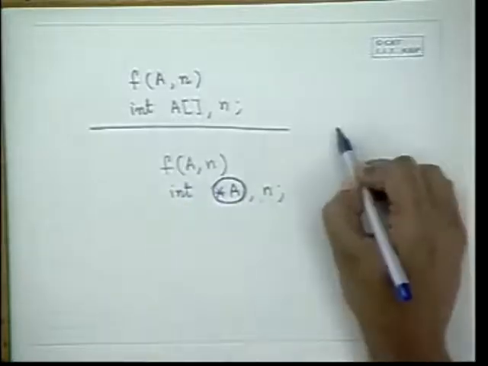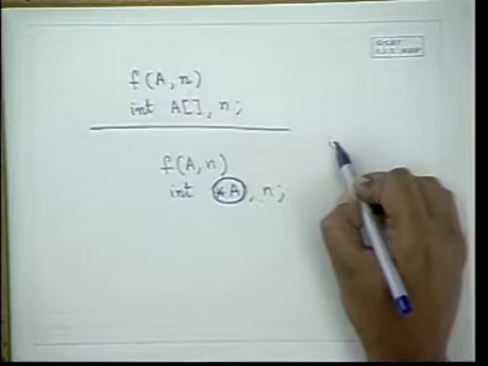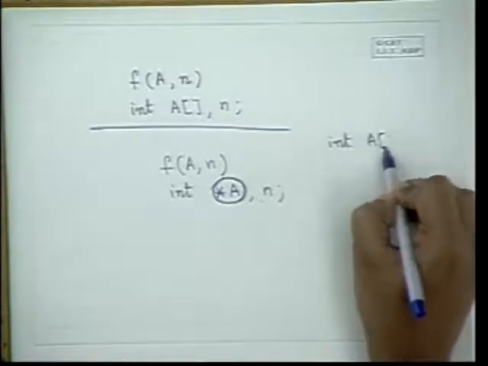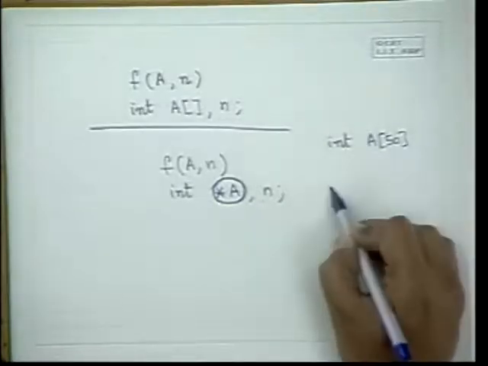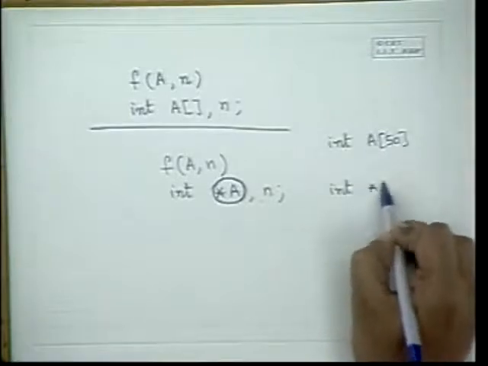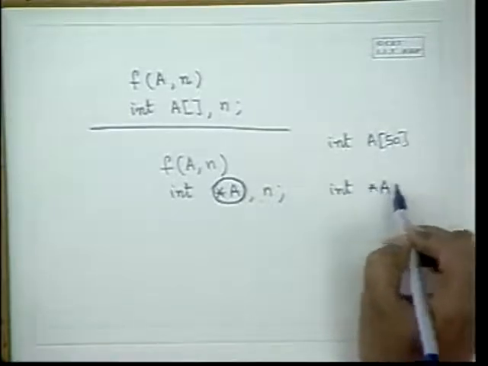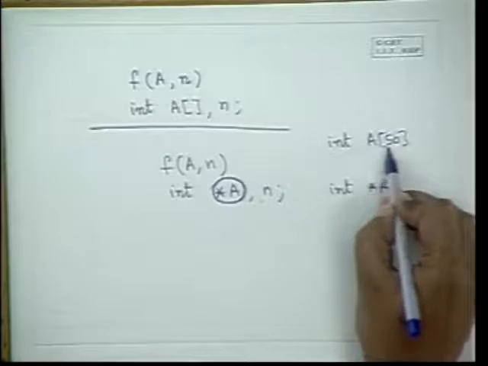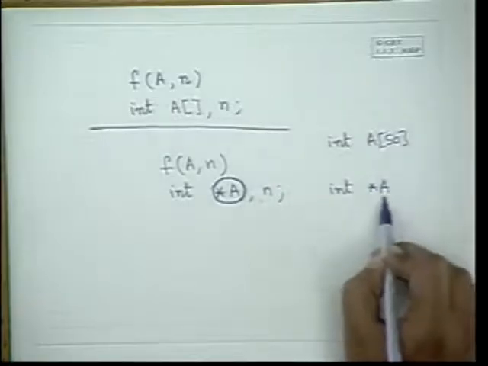But in the main program, if you want to declare an array, say int a[50], and instead of that you declare int *a, then it will not automatically work, because here you have allocated 50 elements, while here you have only allocated a pointer to the array.